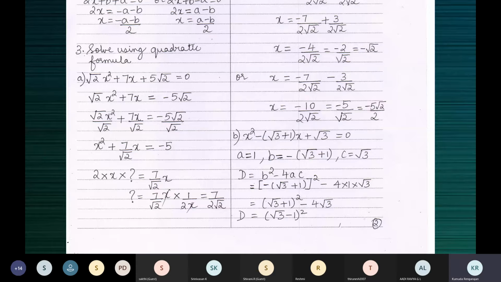Now 3 should be written as root 3 the whole square, and 1 should be written as 1 the whole square.